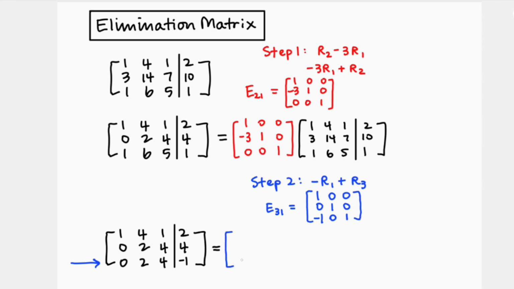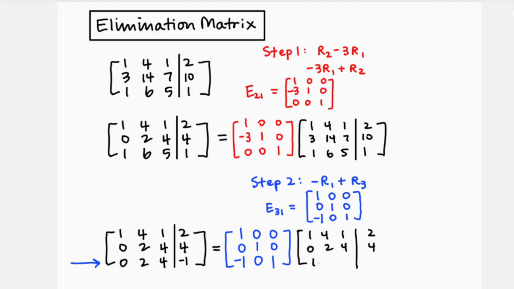So really what this has got going on is 1, 0, -1, 0, 1, multiplied by the previous matrix, which I could have looked at as E21 times the original. But we'll get there with stacking them all up in the future, maybe even in the last example in this video. So if I just copy that down, 4, 1, 6, 5, 1. Okay, that would be true.